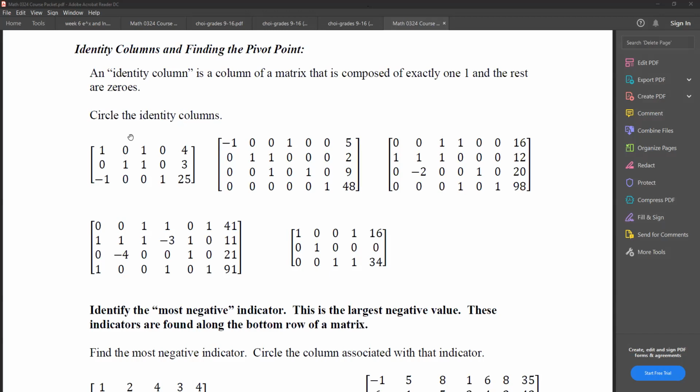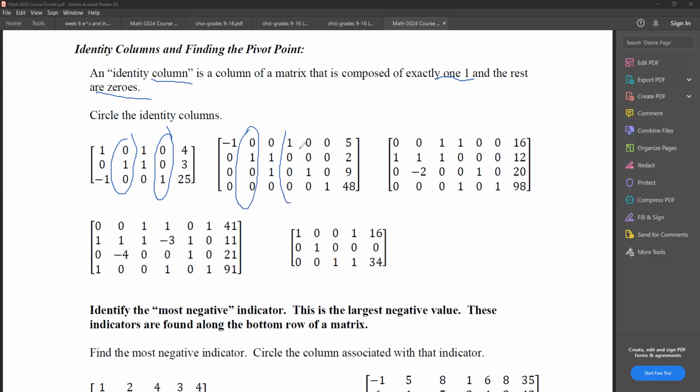So I'm looking for a 1 and all zeros. So like this is an identity column, and this is an identity column. 1, not -1, just 1.